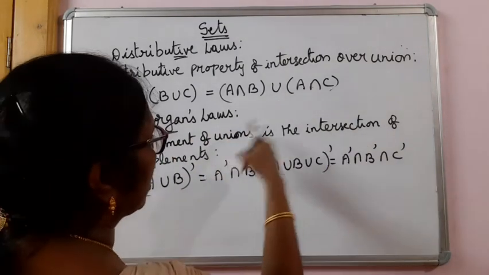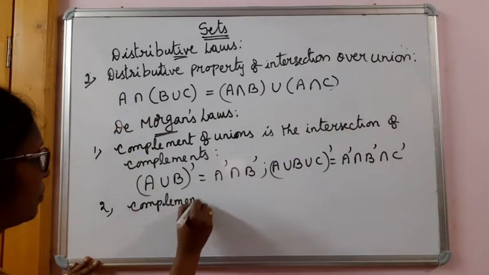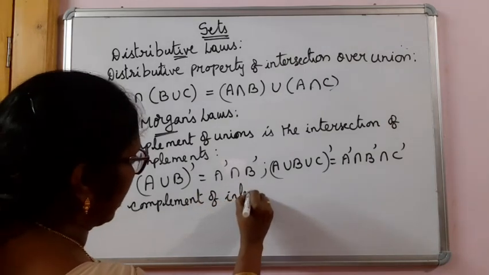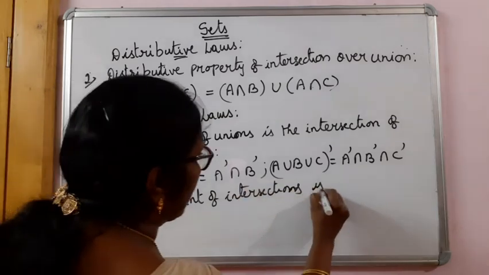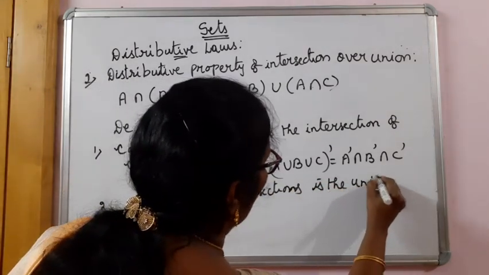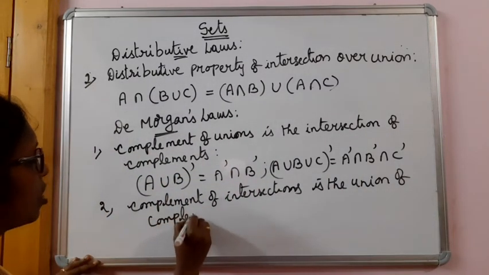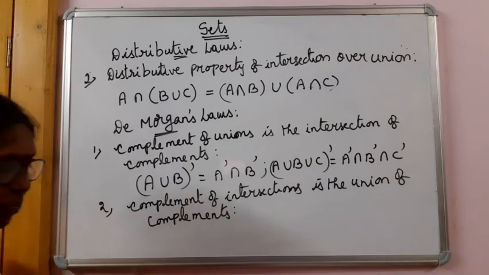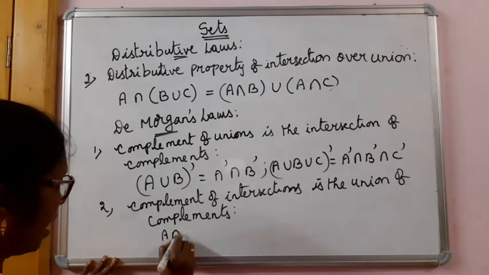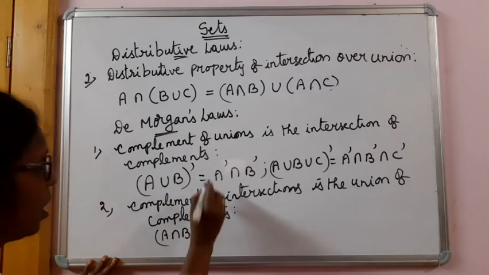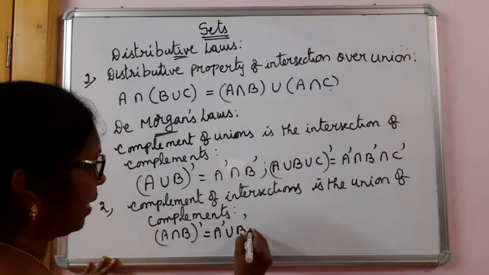And one more is the same way. Here union will be intersection, and intersection will be union. The complement of intersections is the union of complements. I think by now you understood the meaning of this. Complement of intersection means (A intersection B) whole dash equals the union of complements, A dash union B dash.